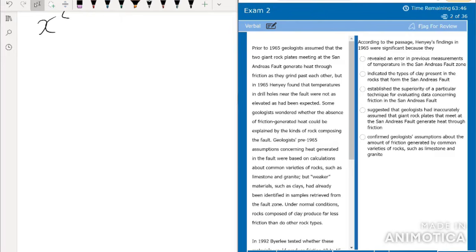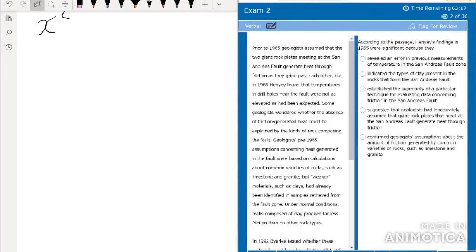Henry's findings in 1965. So he found that the temperatures were not as elevated as had been expected. So why were they significant? Well, they didn't reveal any errors. They didn't actually indicate the type of clay present because we still don't have an explanation.